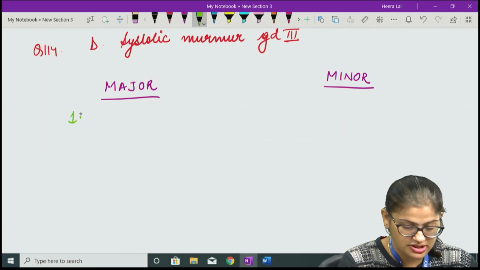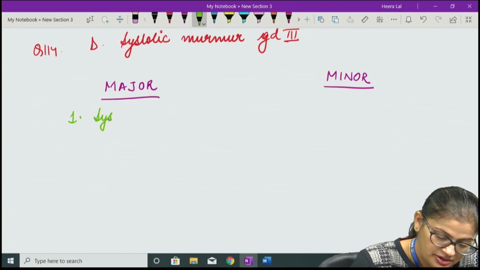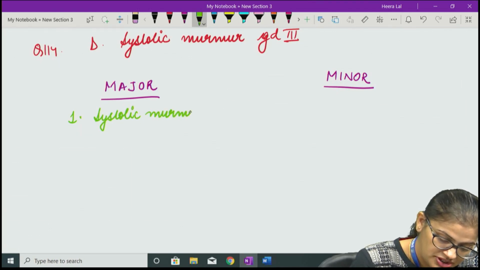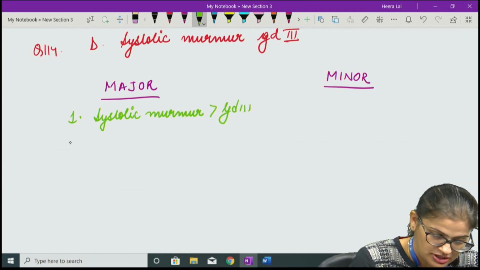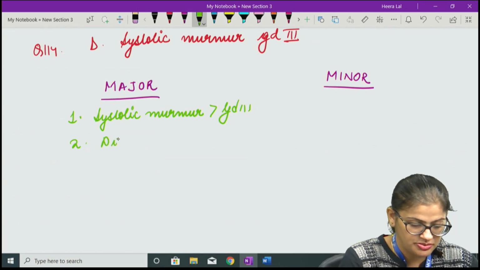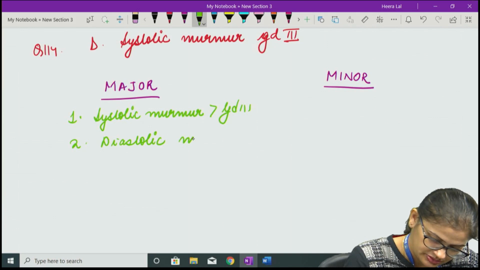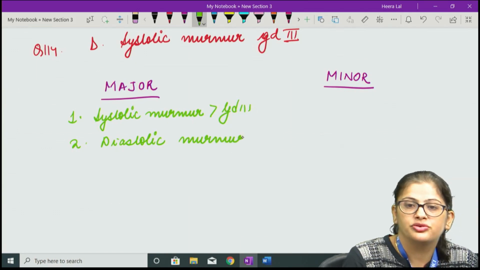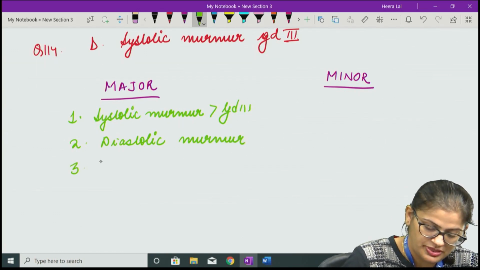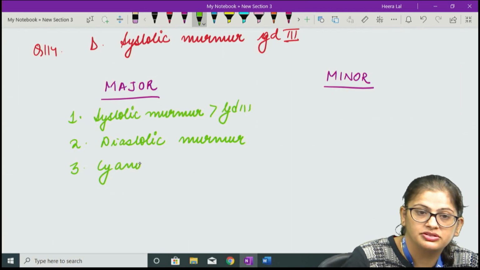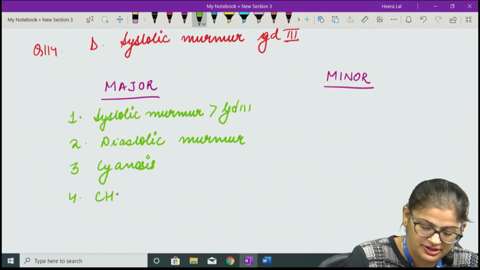The major criteria of NADA's are systolic murmur more than grade 3, presence of a diastolic murmur, presence of cyanosis, or evidence of congestive heart failure.